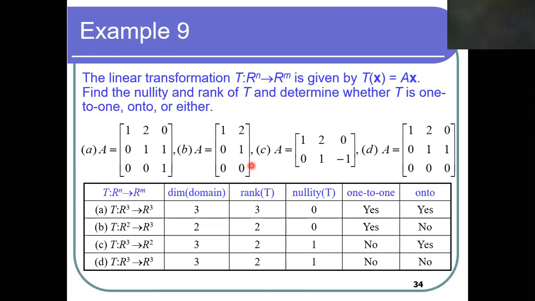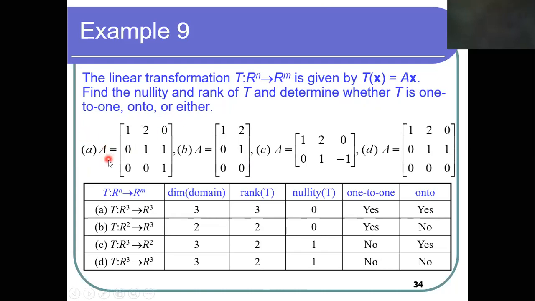So, dear student, let us sum up all these concepts with the help of example number 9. The linear transformation from Rn to Rm is given by T of x equal to A times x. Find the nullity and rank of the transformation and determine whether T is one-to-one, onto, or neither.